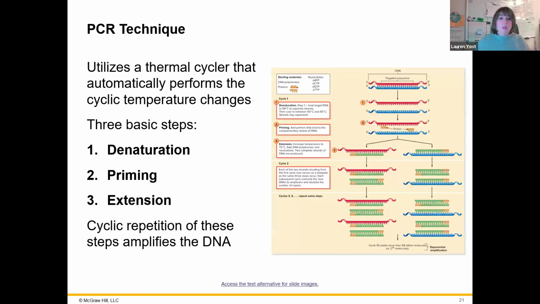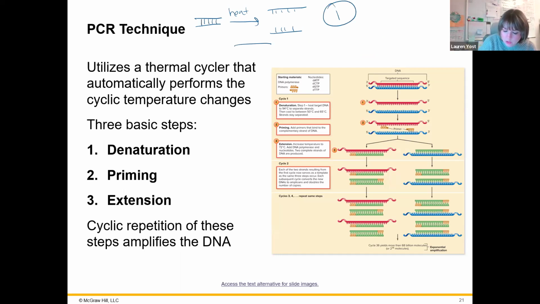Okay, so cool stuff. So there are only 3 steps to PCR. PCR's 3 steps are denaturation, priming, and extension. It's just like I drew out, but denaturation is going from that double strand, adding heat to the 2 single strands. This is denaturation.